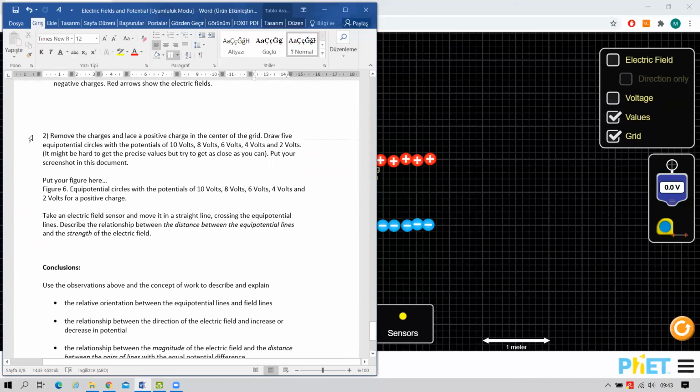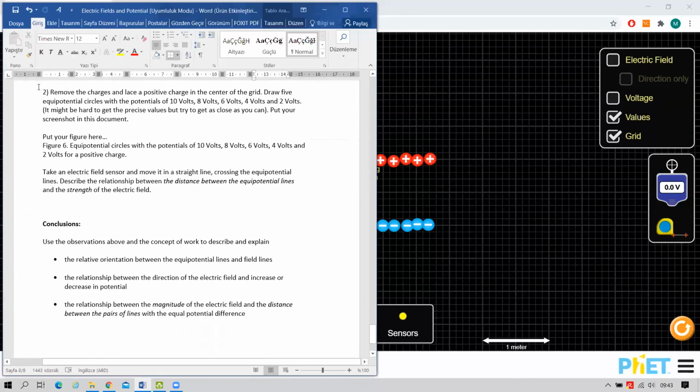So, there is the last item of part 4. Remove the charges and place the positive charge in the center of the grid. Draw 5 equipotential circles with the potentials of 10 volts, 8 volts, 6 volts, 4 volts, and 2 volts. Take an electric field sensor and move it in a straight line, for example on the x-axis, crossing the equipotential lines.